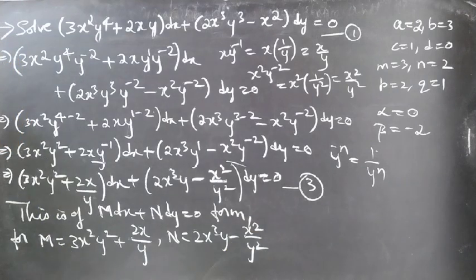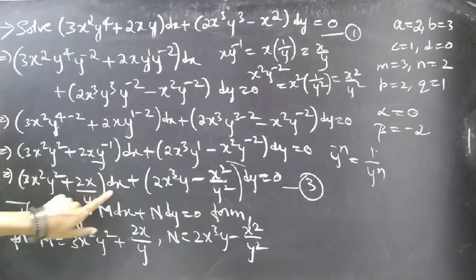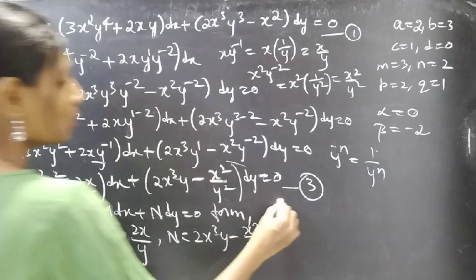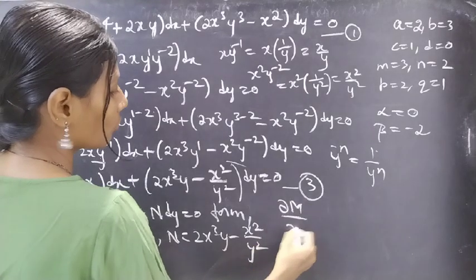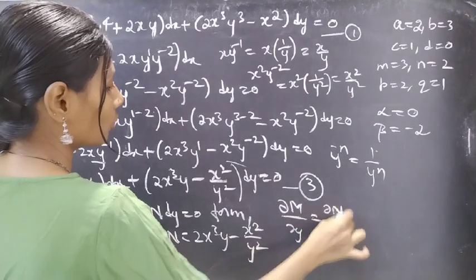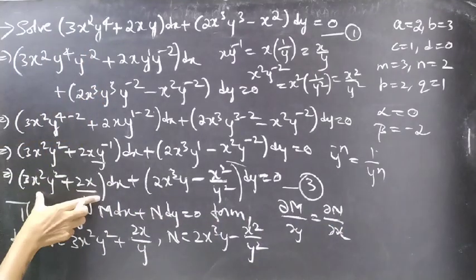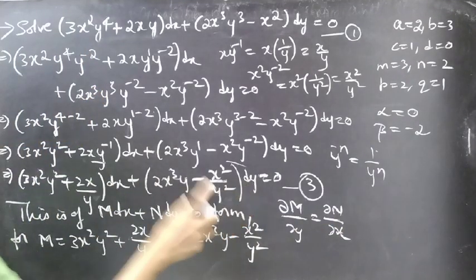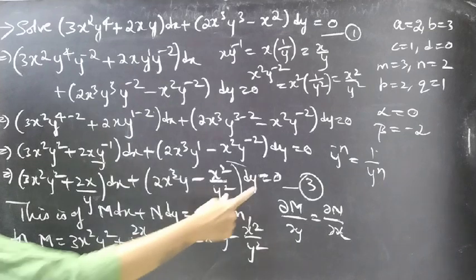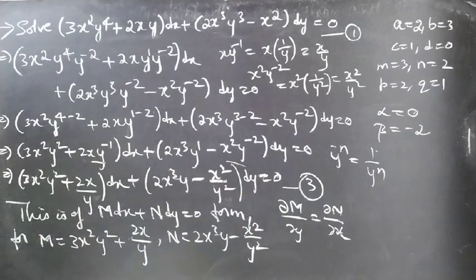Okay, so we have reduced the given differential equation to an exact differential equation by multiplying the given equation with an integrating factor. So it has to be an exact equation. So let's check it out. If the partial derivative of M with respect to y equals the partial derivative of N with respect to x, for M the coefficient of dx and N the coefficient of dy, then we can say that equation 3 is an exact equation, that is the reduced equation is an exact equation.